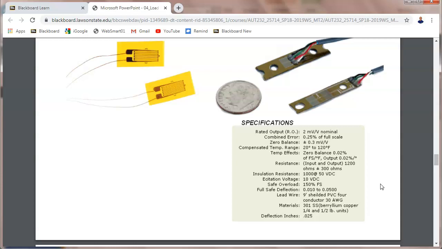So that means this guy right here, if it was rated, and they give us a weight, what's the weight it's rated at? When we bought them, they were rated at a certain weight. So the maximum I would get out of this thing would be 3 times 10, right? 300 microvolts times 10. So that would be 3 millivolts.